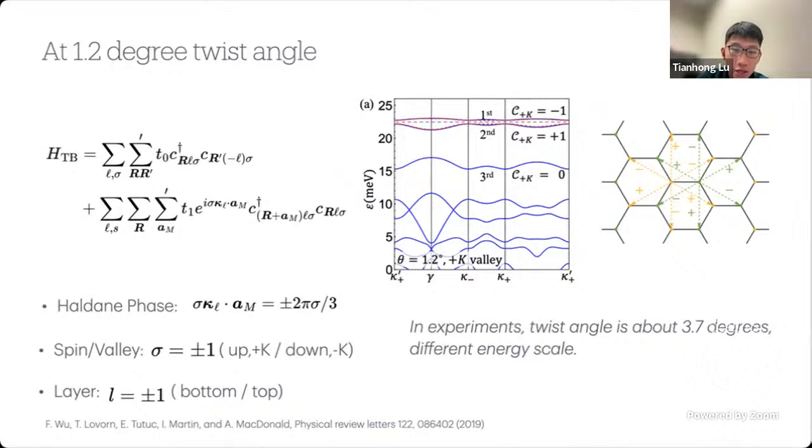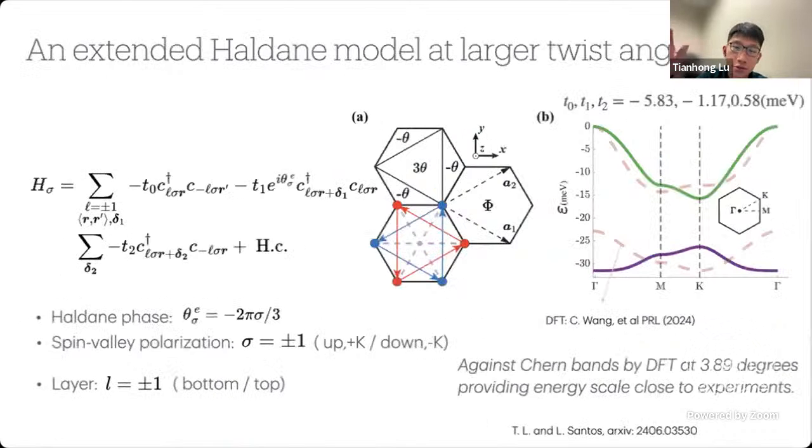also in our model with only third nearest neighbor hopping it doesn't look completely like the DFT calculations.